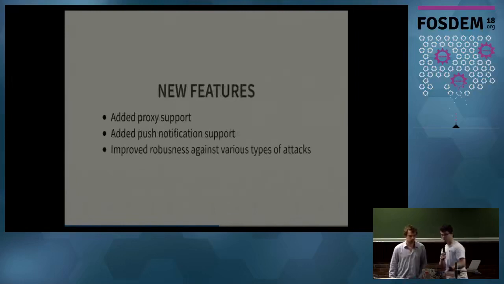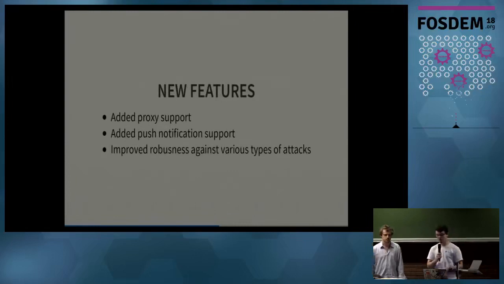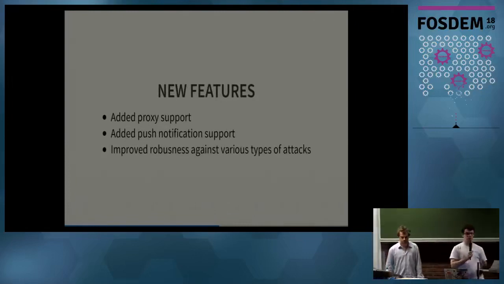Okay, so we also have the ability to use push notifications with OpenDHT. It allows us to use, for example, an application on iOS. You can't have a node running 24/7 on an iOS device, because Apple will kill your app.